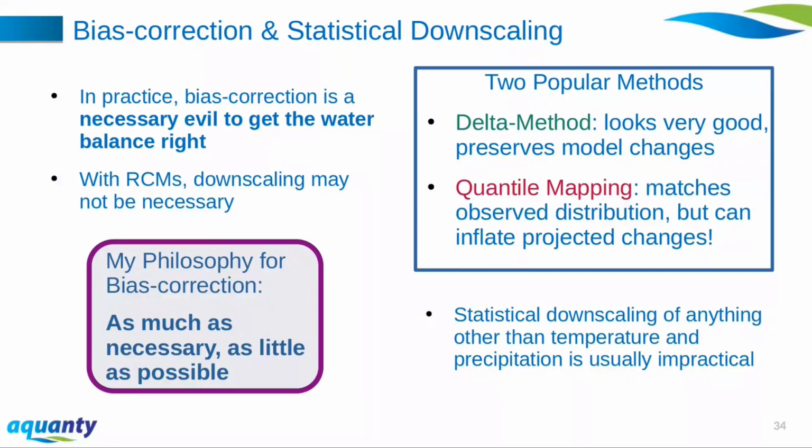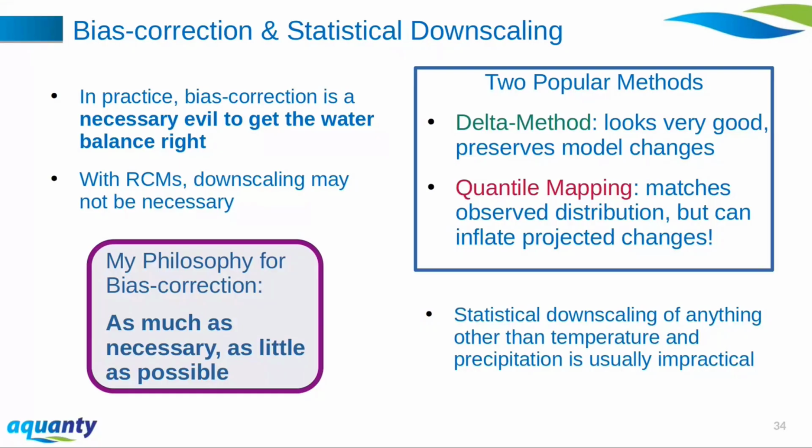There are two popular methods that are sort of the ends of the spectrum of the methods that are used. The delta method is essentially you just take the anomalies or the change signal from the climate model and just apply it to your high resolution observations. This will always give you a perfect match to the historical record during the historical period. But especially when you're thinking about things like snow, if you can just add that or subtract that, that's questionable.